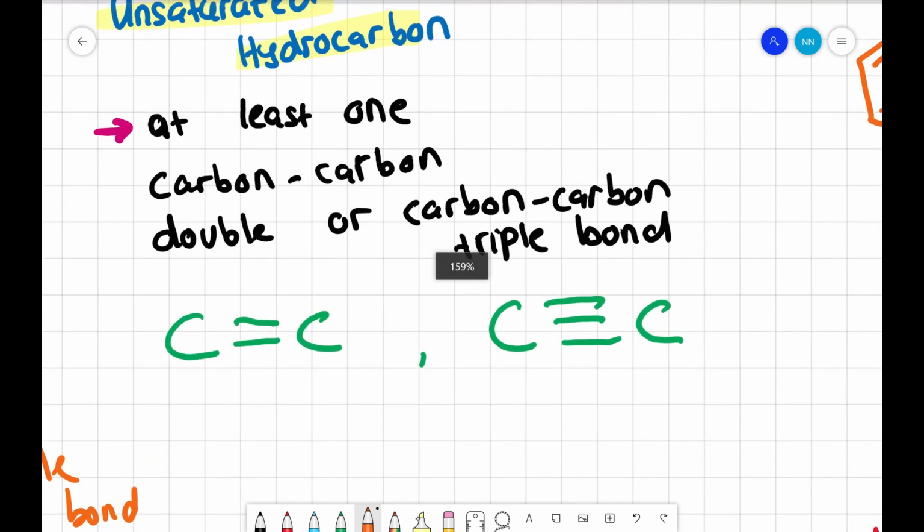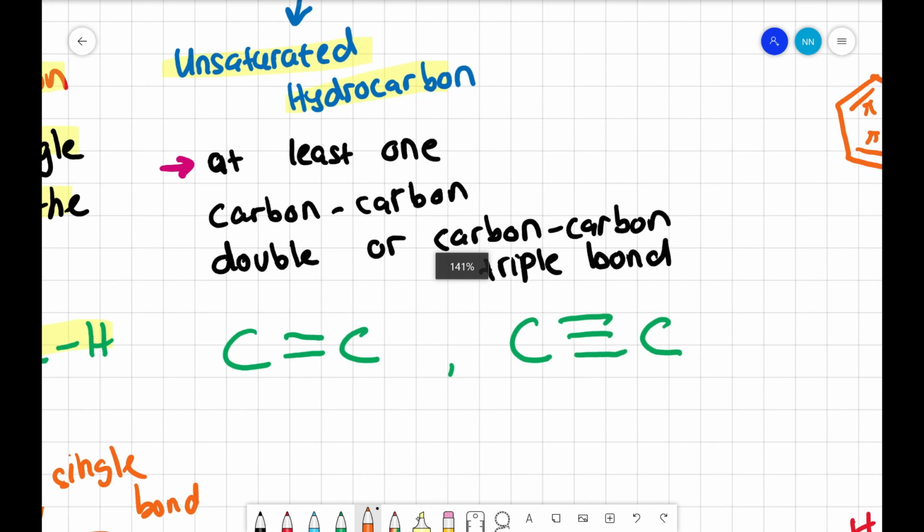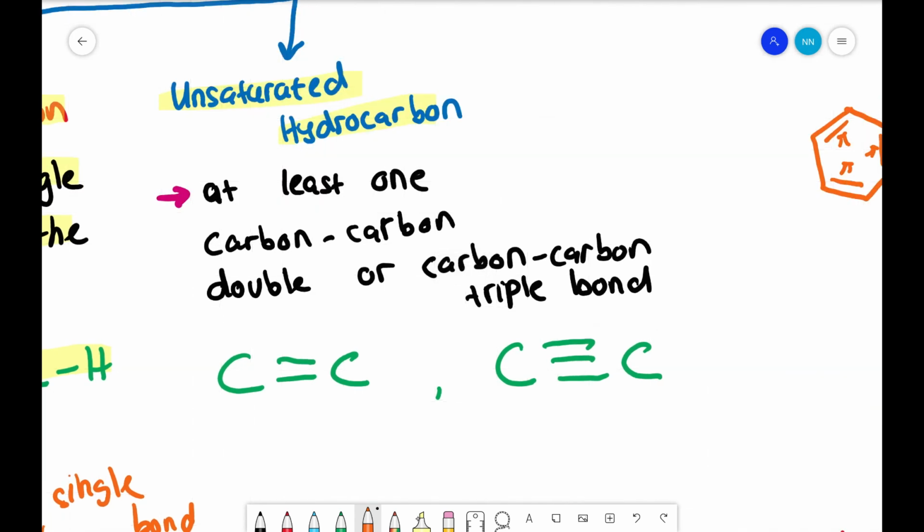Unsaturated hydrocarbons are basically hydrocarbons that have at least one carbon-carbon double bond or carbon-carbon triple bond. At least one. If you see an organic compound with one double bond or one triple bond, then it is an unsaturated hydrocarbon.